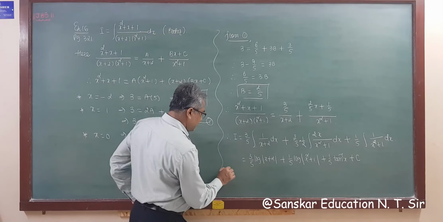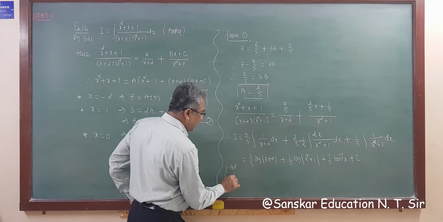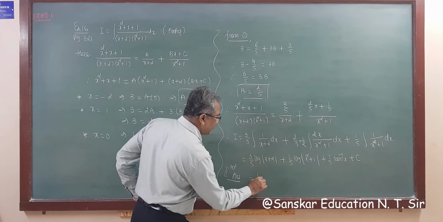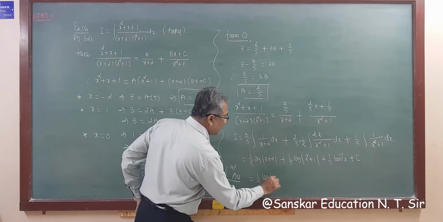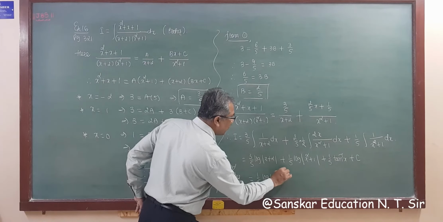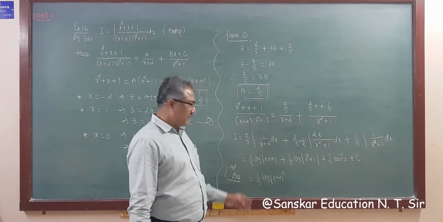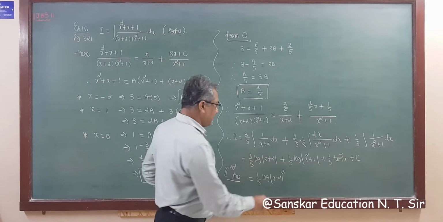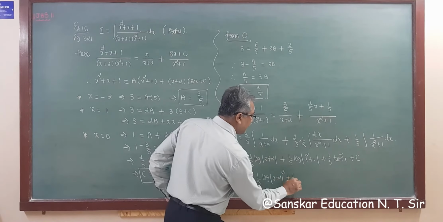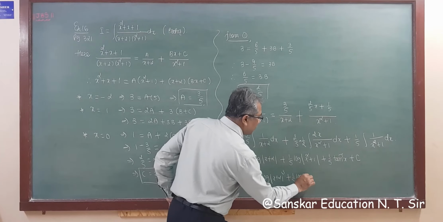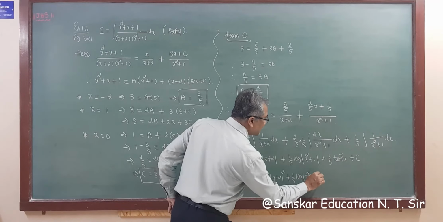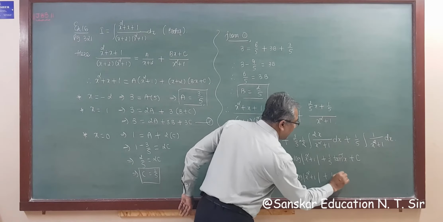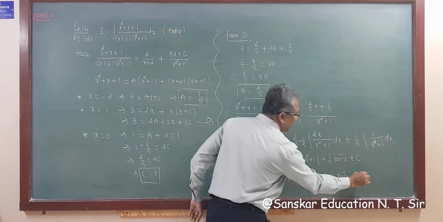So another answer, the second answer, if you want to simplify: this is 1 upon 5 log mod (x plus 2) whole cube, applying the power formula of log, log x raised to n. Plus 1 upon 5 log modulus x square plus 1 and plus 1 upon 5 tan inverse x plus c.